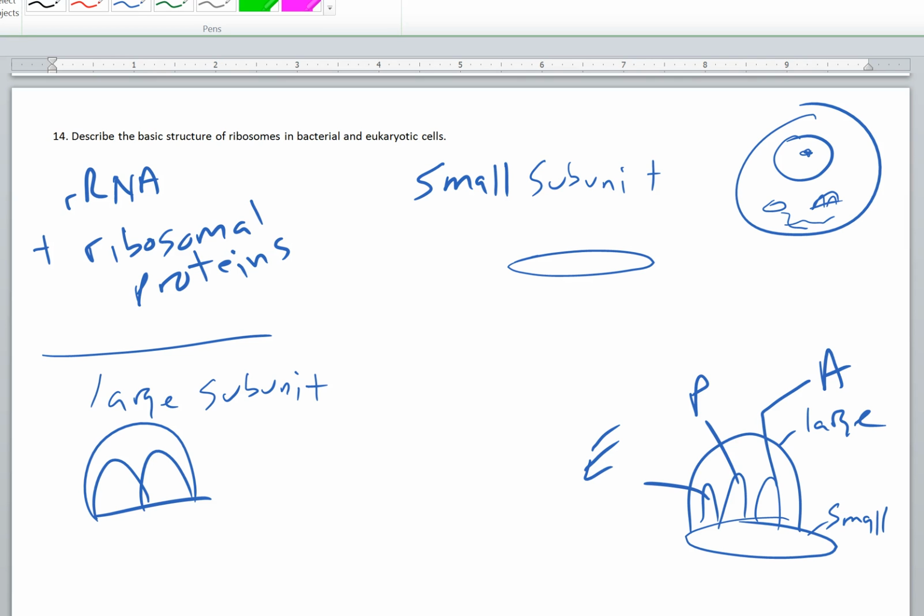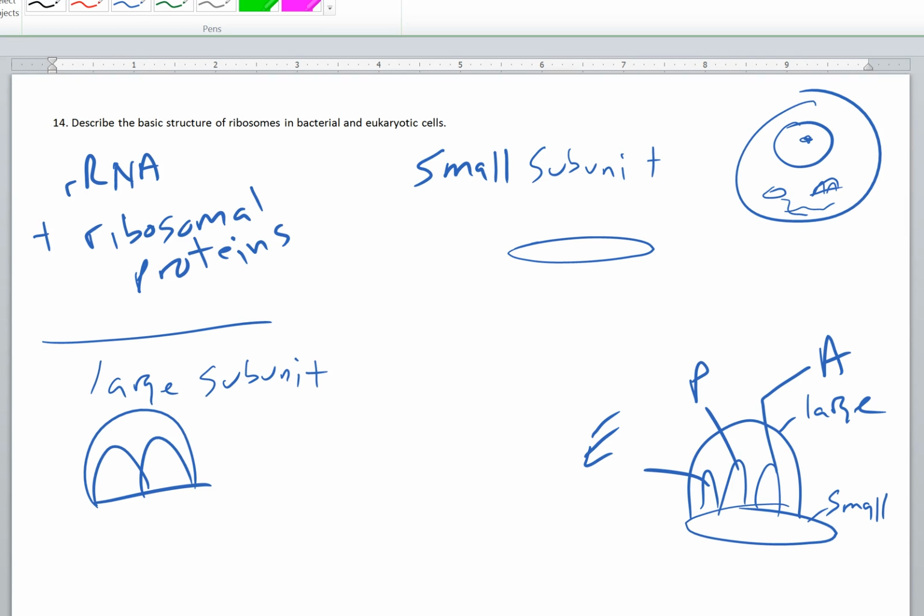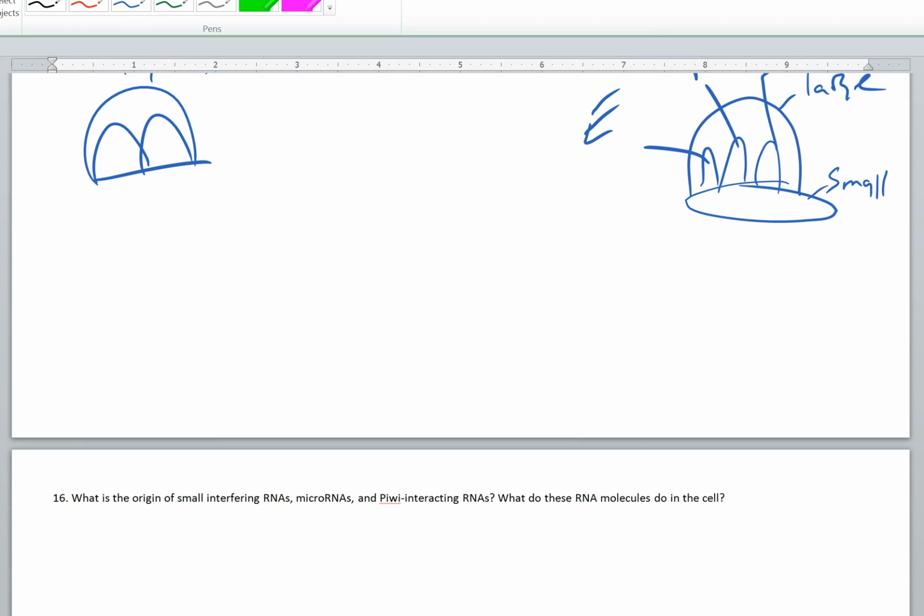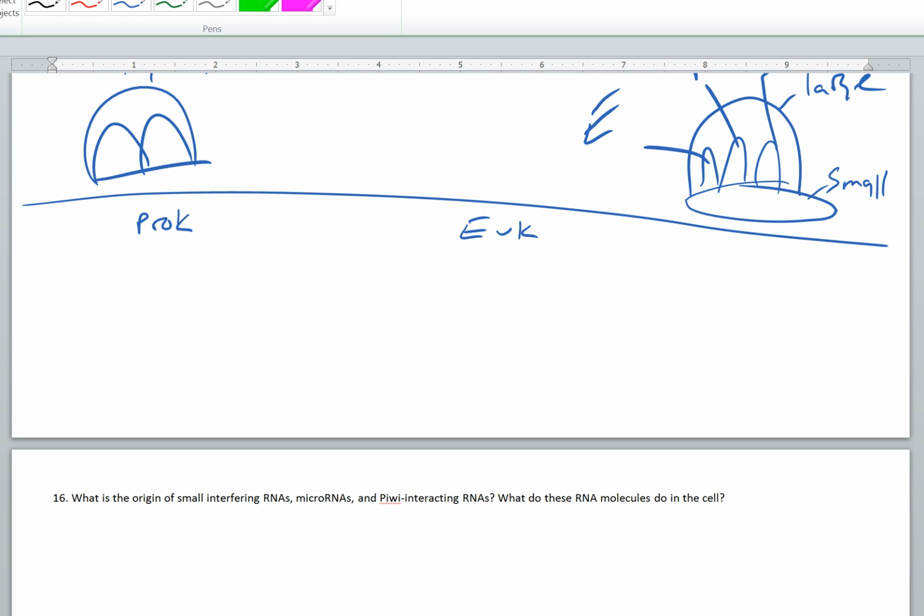And so let's see. See if we have enough room here. So we've got prokaryotes, and we got eukaryotes, and we got small subunit, and we got a large subunit. And let's see, I got to look this up.